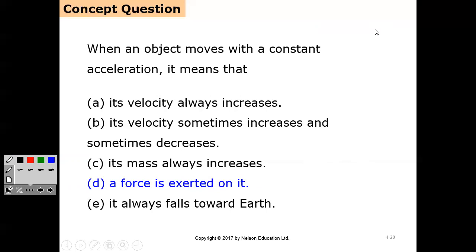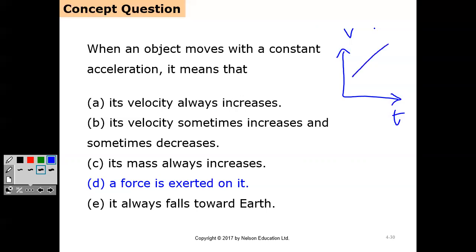velocity changes in a steady fashion. Meaning in a velocity-time graph, it is a straight line. So this is exactly the answer to what you're asking, the meaning of constant acceleration in terms of velocity, right? So in a velocity-time graph, it has to be a straight line.